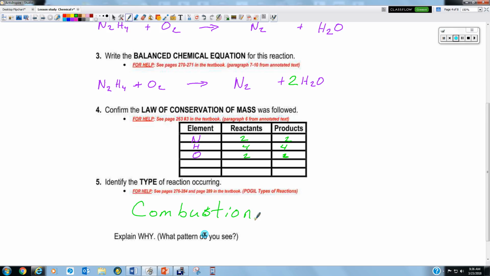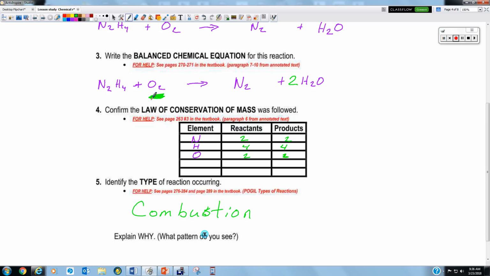This is more like the metallic combustion. It's just a combustion where water is one of the products, but we ended up producing some other gas than carbon dioxide in this one. It's reacting with oxygen. Anytime we react with oxygen, it's going to be a combustion.